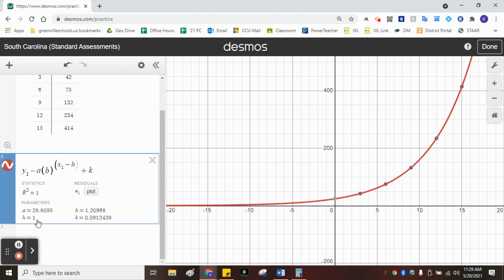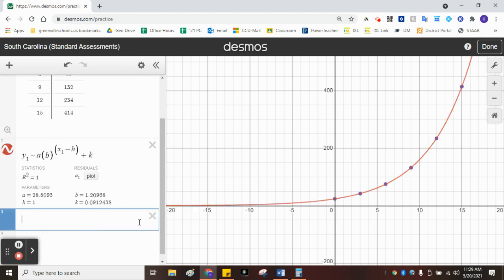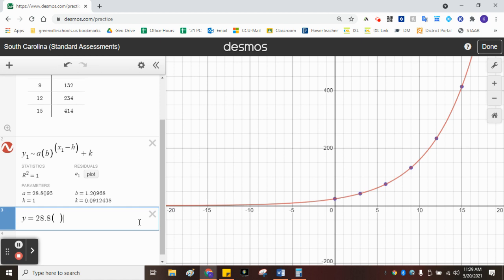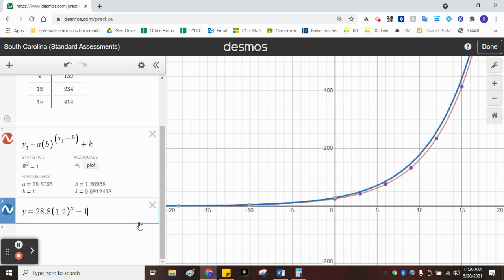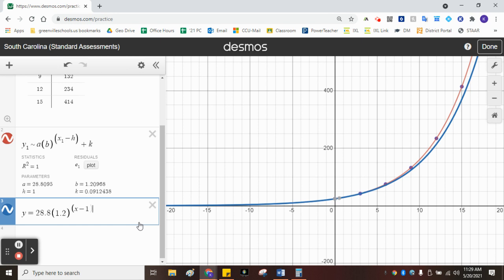So it gives you everything, so your equation is y equals a, 28.8, b is 1 point, I'm going to say 2, so the x minus h, h is 1, in parentheses, or it doesn't stay in the exponent, and then k was 0.01.